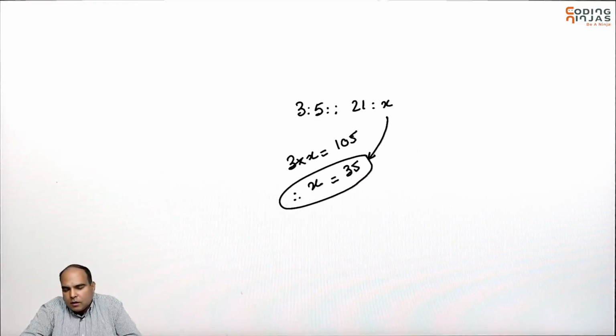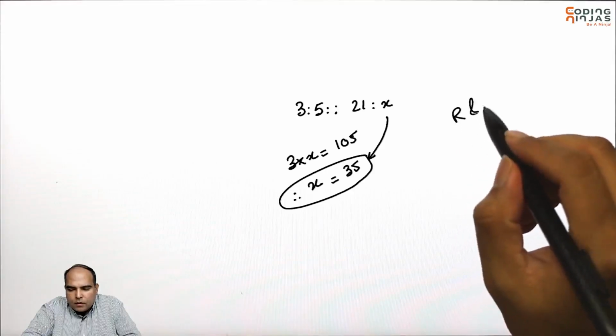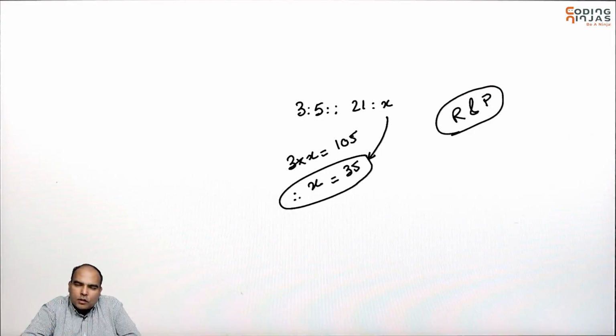So this is the logic of proportions, and as I told you, proportions are not used too often in questions, but it's more or less a support structure to the ratio chapter. So in the next lesson, we'll start looking at questions based on ratio proportions, and through those questions we'll show you situations and shortcuts based on the ratio proportion chapter, what kind of situations you'll face and how you will tackle them.